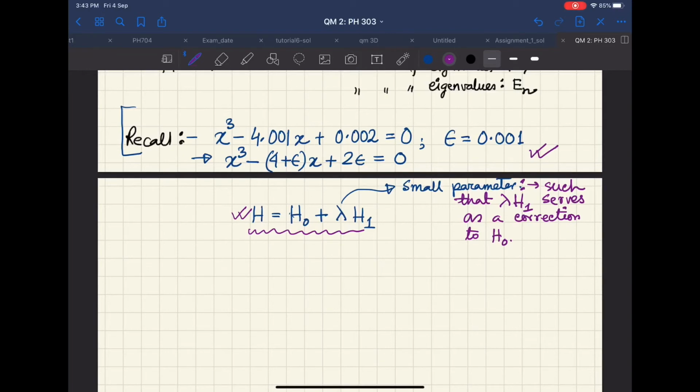This is trivial if H0 and H1 commute, because we can simultaneously diagonalize two commuting observables and find a common set of eigenvectors. Do you remember that? If not, please go back to the previous semester's quantum mechanics course.